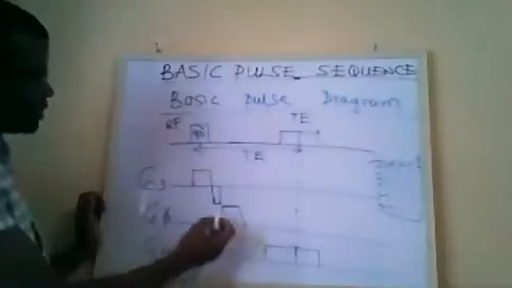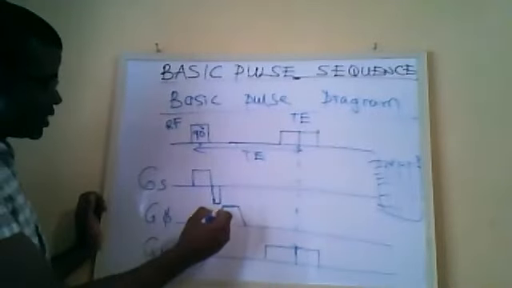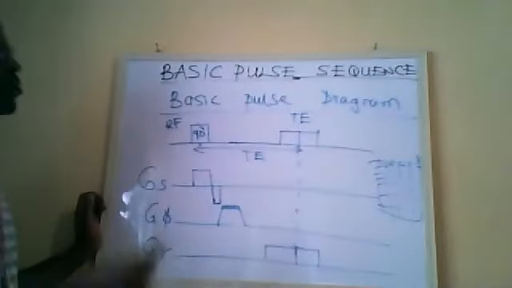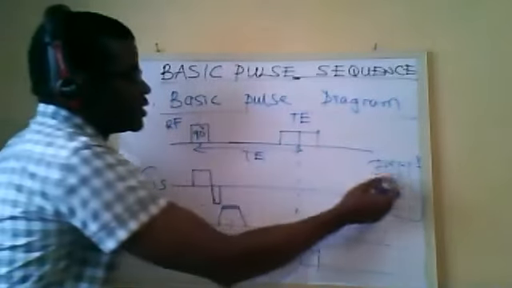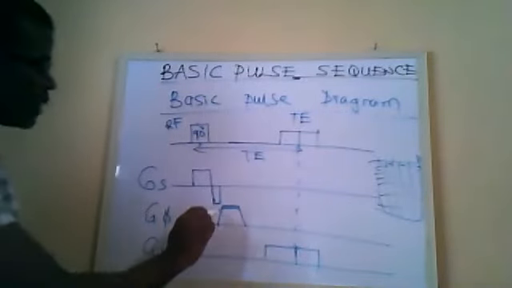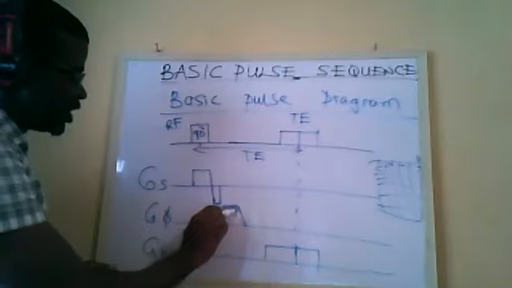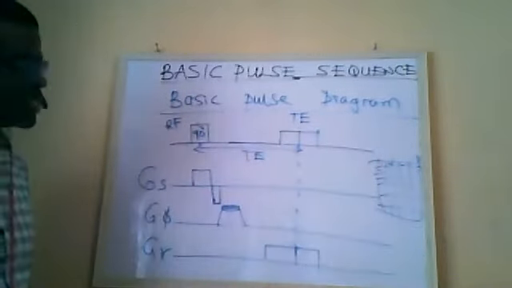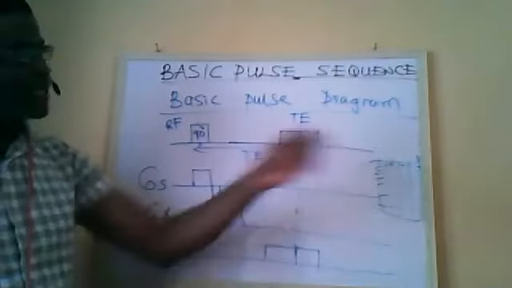We change the phase encode gradient for another TR, and it is another line in K space, and so on and so forth. Each time you change the phase encode gradient, you are getting a new line in K space.